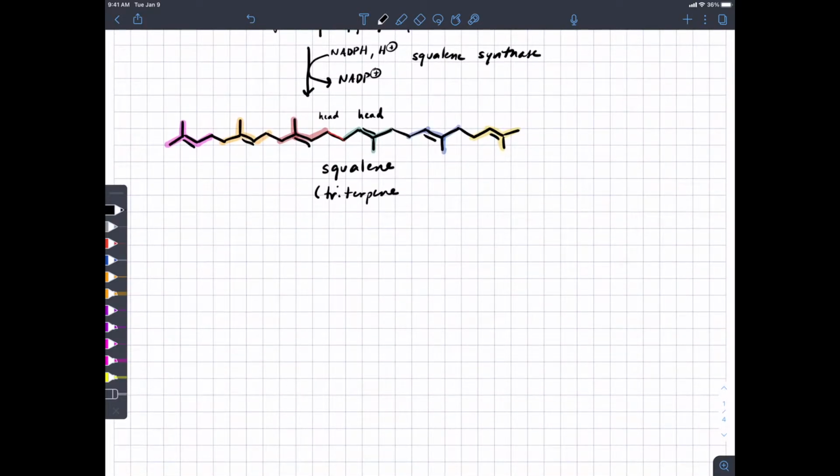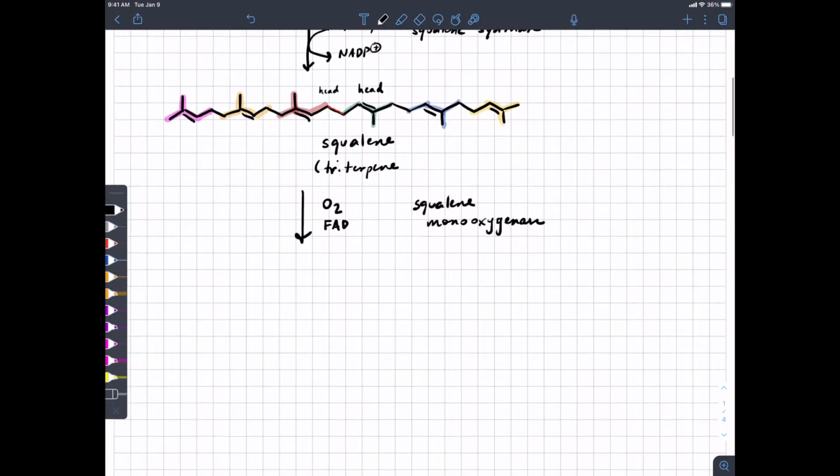So before anything else happens, there's an oxidation step. It involves molecular oxygen and FAD. We won't talk about the mechanism. It's basically epoxide formation, and the enzyme that does this that you don't need to know is squalene monooxygenase.